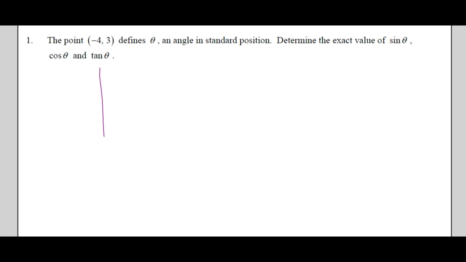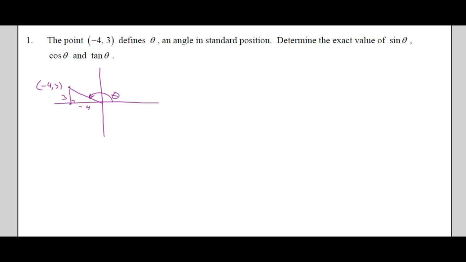So, draw this, point -4, 3, so x is -4, y is 3. So this is the point -4, 3. Imagine we've got a triangle there. This will be -4, this will be 3. What's this distance here? And this is our angle theta.